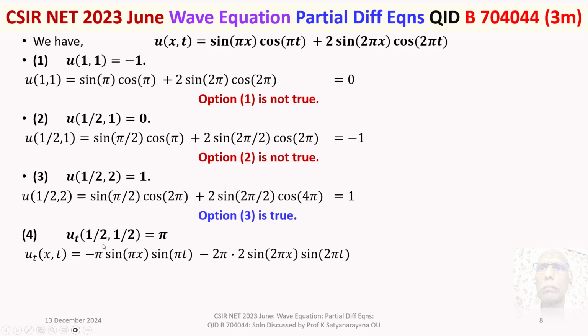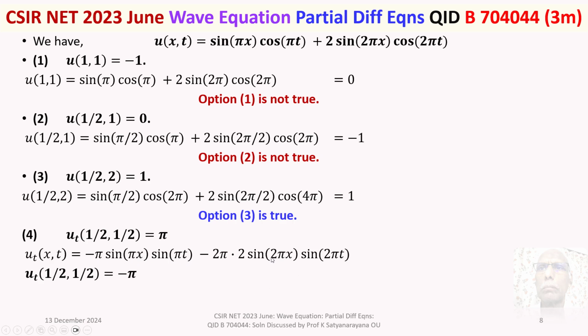So substitute in this, x is equal to 1 by 2, t is equal to 1 by 2. Then you will get minus pi into sin of pi by 2 into sin of pi by 2. That is 1 into 1 into minus pi.